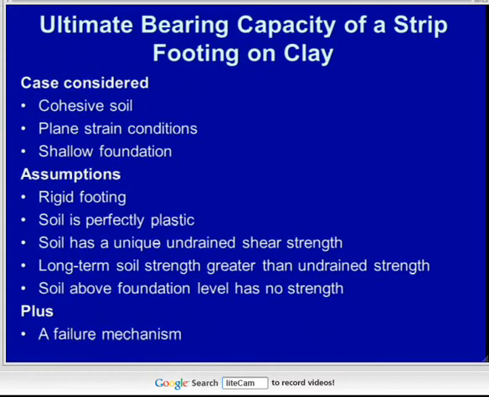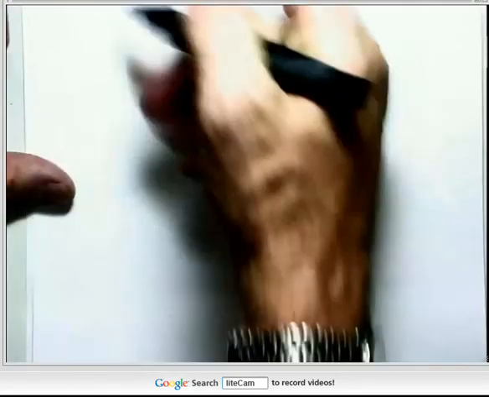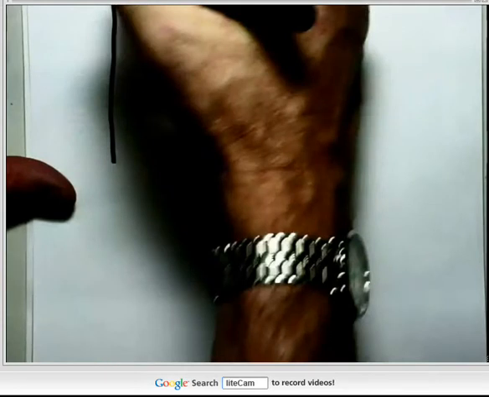What do I mean by that? Well, we're going to conduct stress-strain tests on our soil, where we plot the shear stress, or normally we plot the triaxial deviator stress, but the two are related.